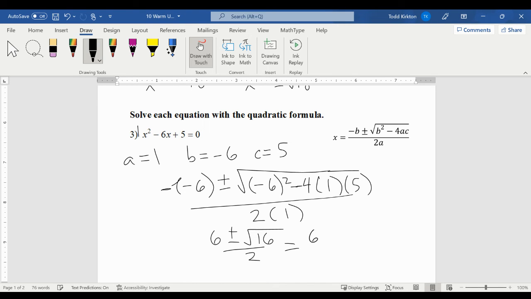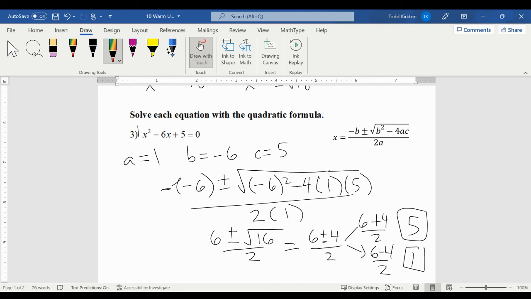So that's 6 plus or minus 4 over 2. Don't leave it like that. 6 plus 4 over 2, 6 minus 4 over 2. So 10 over 2 is 5. 2 over 2 is 1.